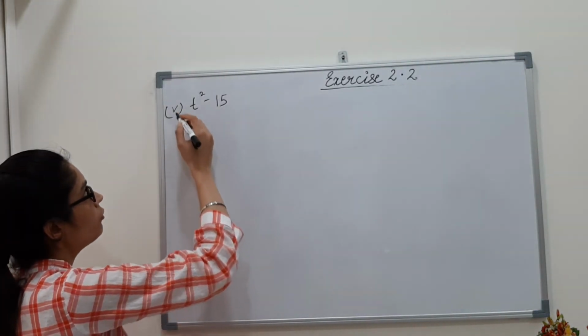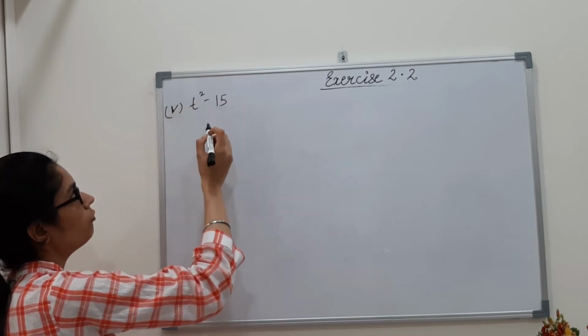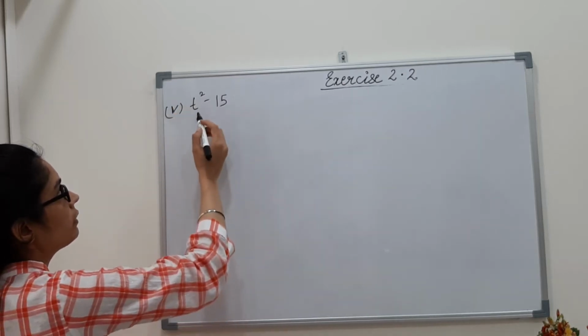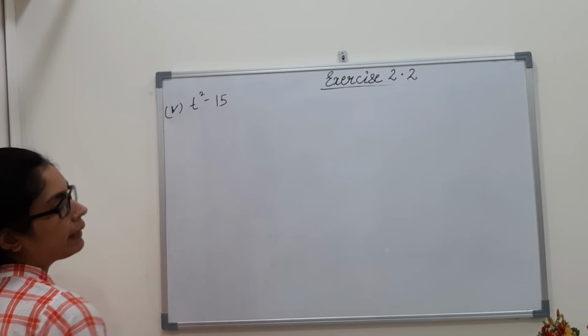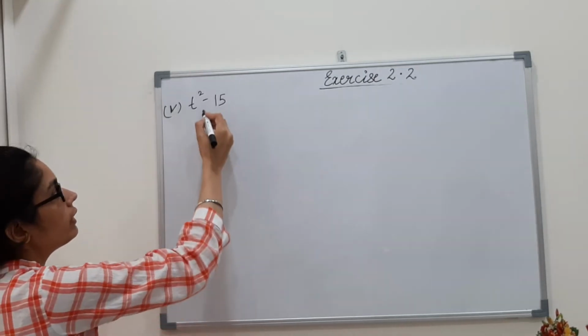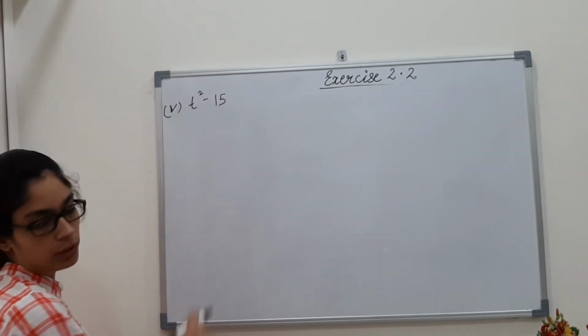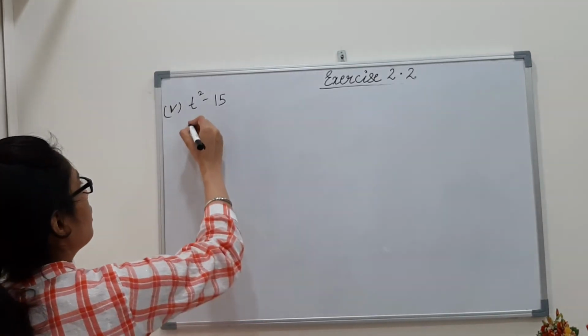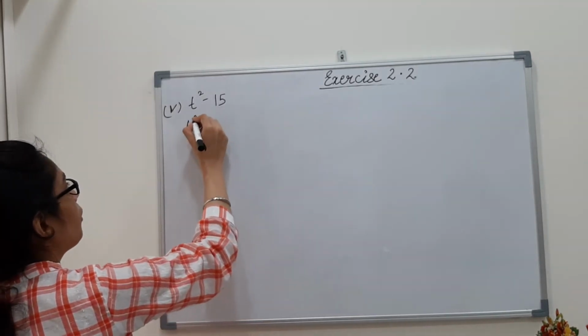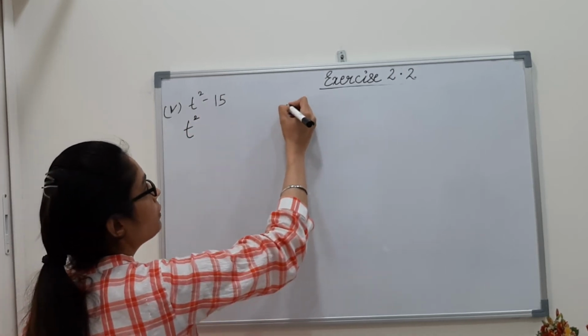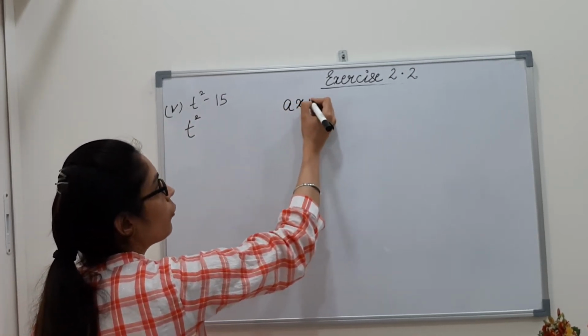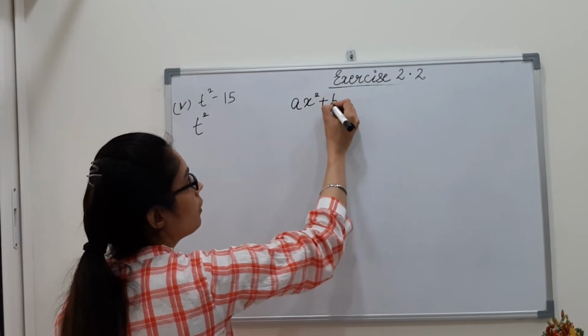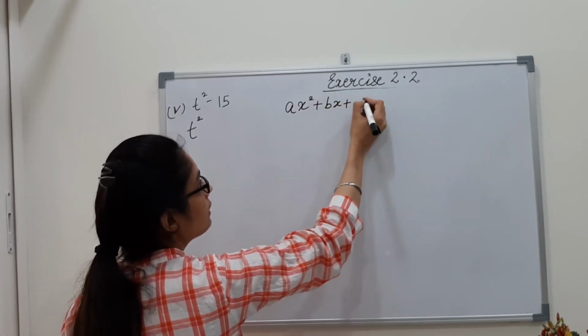Now we will solve the fifth sum of question 1. It's t square minus 15. It is a little bit different from the remaining sums, so we will just convert it into a simpler form. It is not in general form. The general form is ax square plus bx plus c.